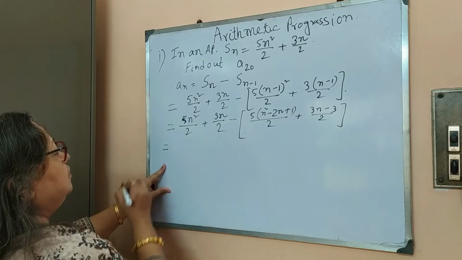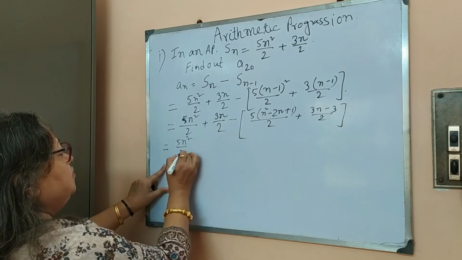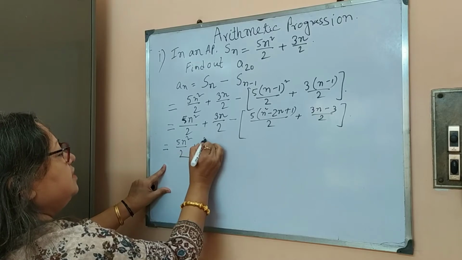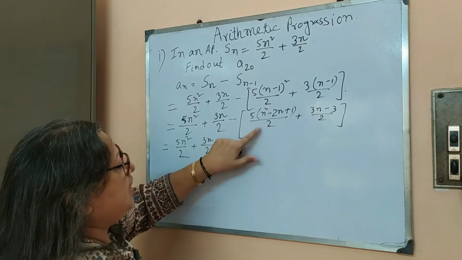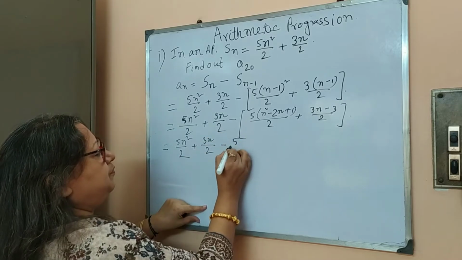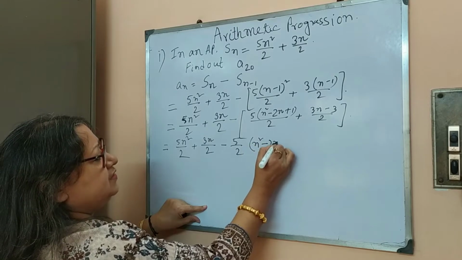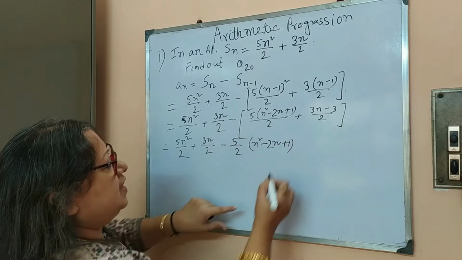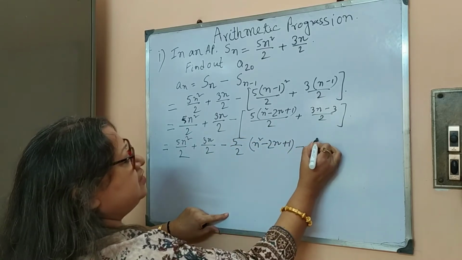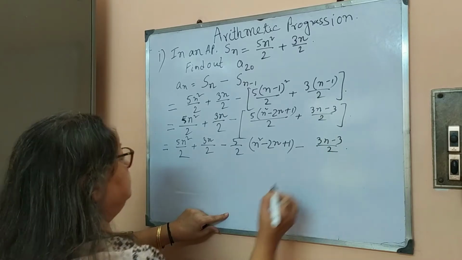This is equal to 5n square by 2 plus 3n by 2 minus 5 by 2 into n square minus twice n plus 1, minus into plus means minus, 3n minus 3 by 2.